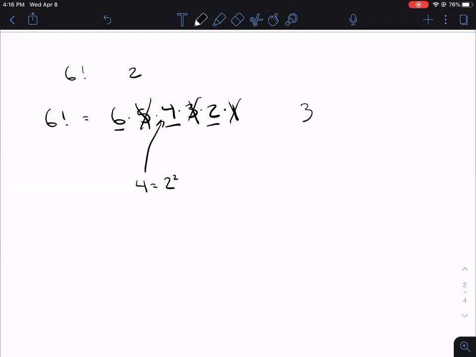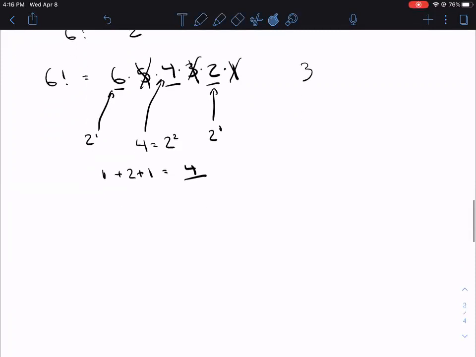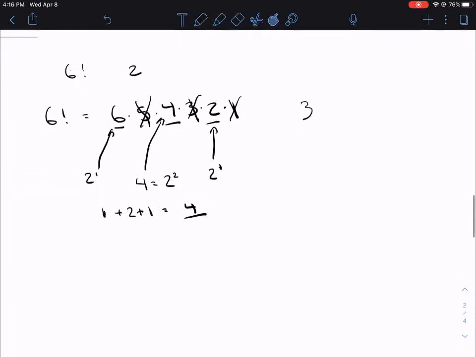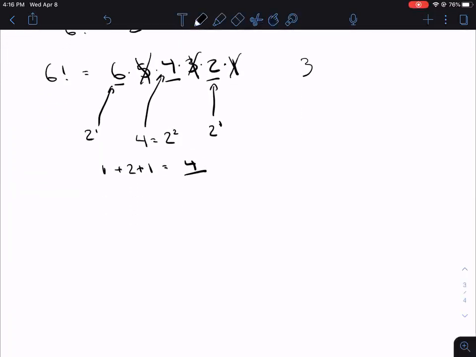So now, okay. This contributes 2 to the 1, and this also contributes 1. So overall, it's 1 plus 2 plus 1 equals 4. However, Legendre's formula basically says this is equal to, so let's write out 6. Let's divide by 2. Then we get 3.